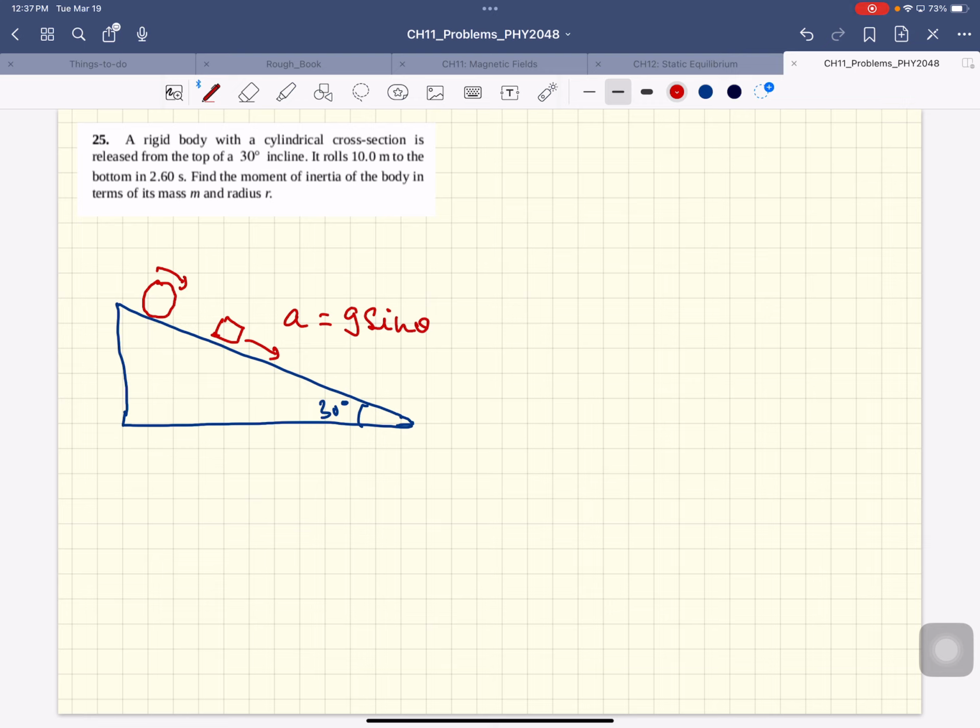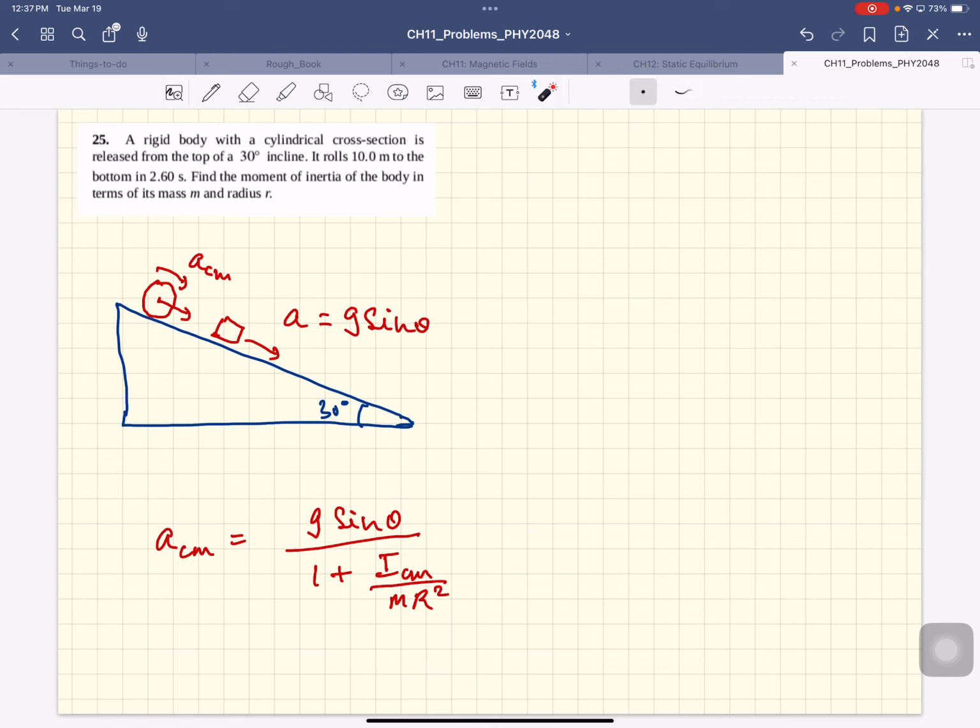Now the acceleration of the center of mass of this body, what's that? The acceleration would be g sine theta, the same as for the ice cube, divided by 1 plus I center of mass divided by m r squared.